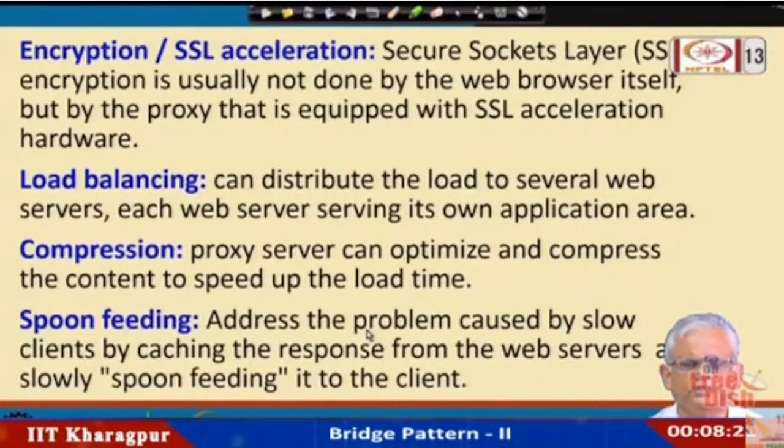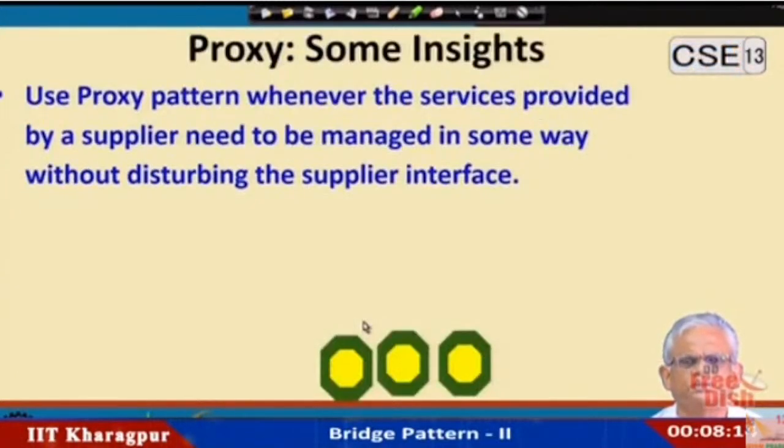As you can see that a network proxy server has many responsibilities, and similar is the case with the proxy design pattern. Now let us look at some of the ways in which proxy can be used. We use a proxy when the services provided by a supplier need to be managed in some ways without disturbing the client interface.